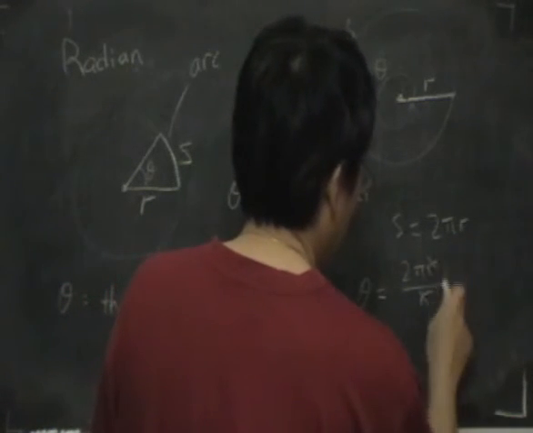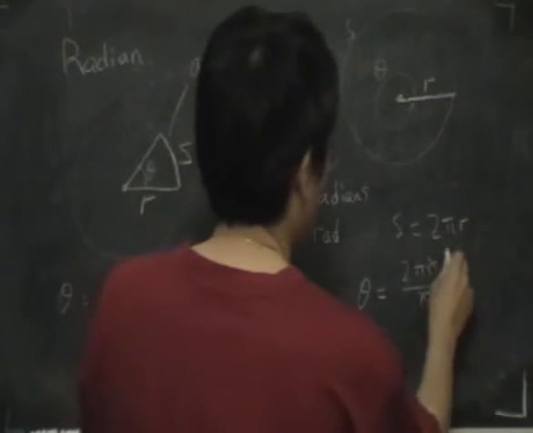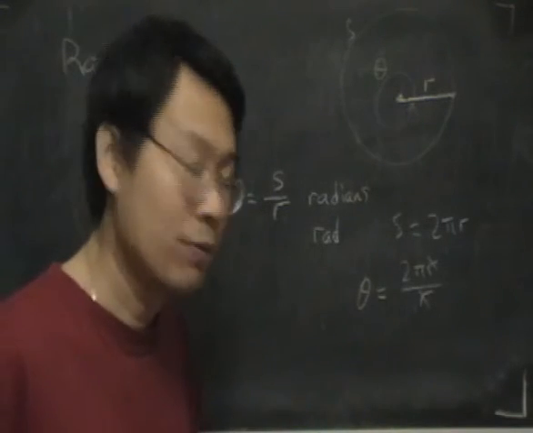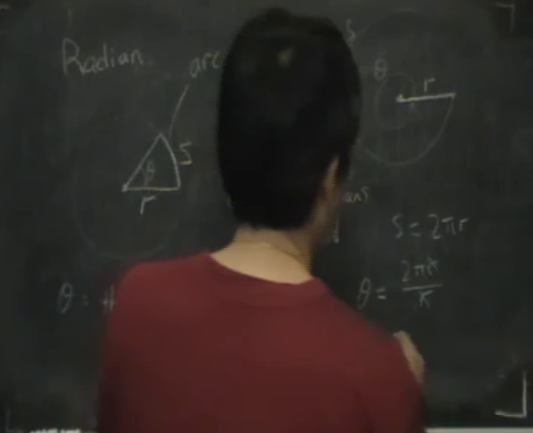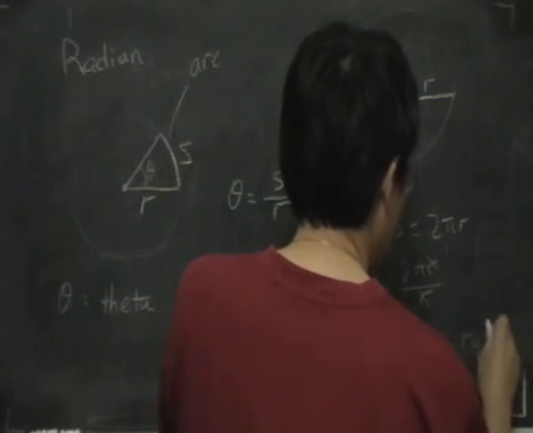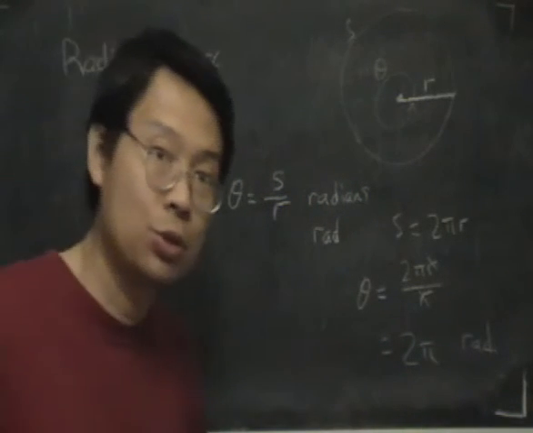We can just divide the top and the bottom by r and they will cancel to give 1 and 1. And we are left with just the 2 pi. So therefore, theta is equal to 2 pi radians. And that is one revolution.